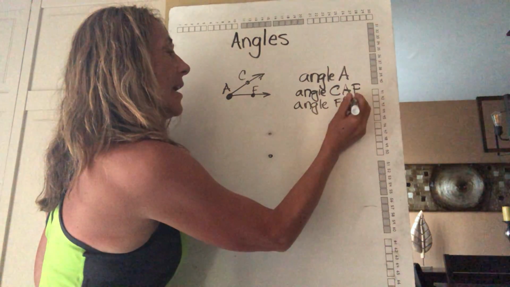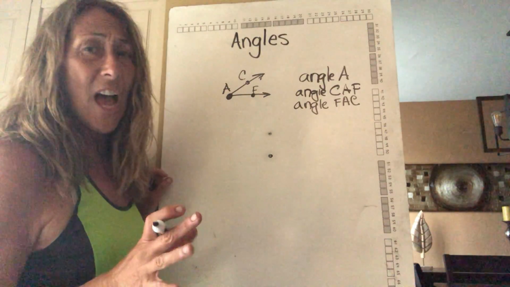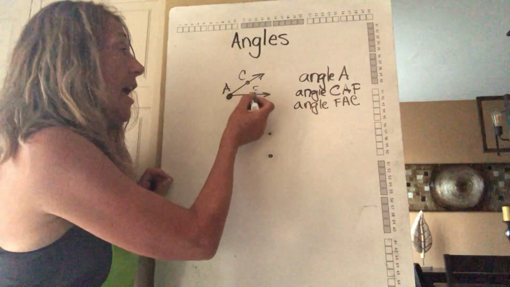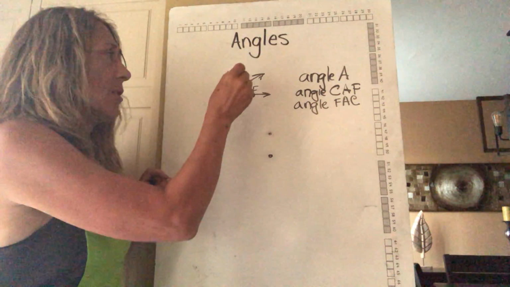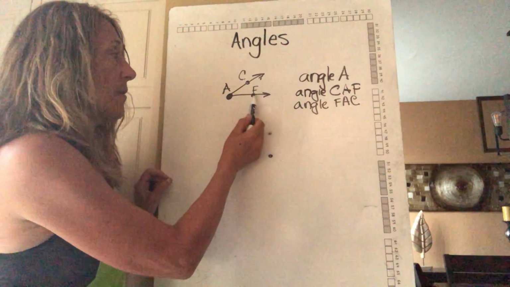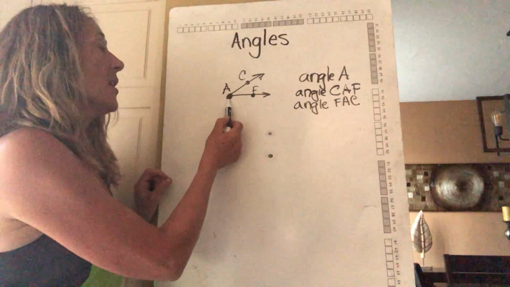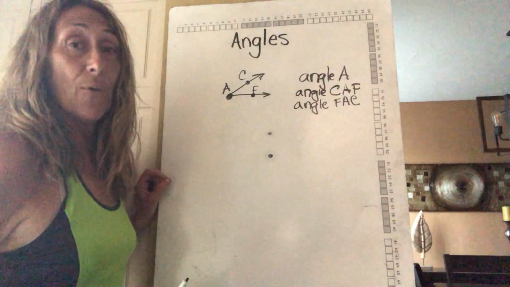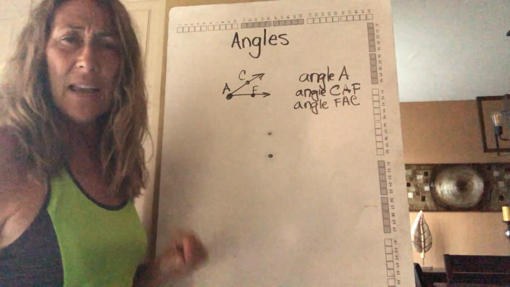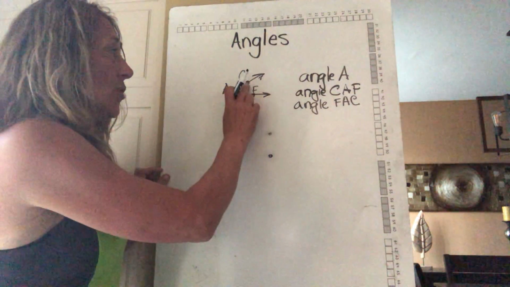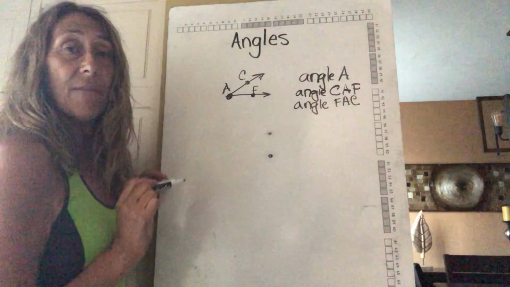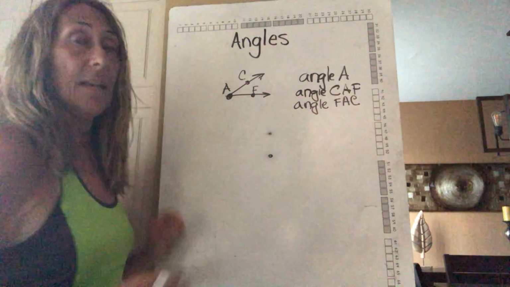I could not call it angle AFC or angle ACF. You have to go in order. It can either be my top ray to my vertex to my bottom ray, or from my bottom ray to my vertex to my top ray. So this angle is either angle A, if I'm going to just call it by its vertex, or if I'm going to use the points on there, it would be angle CAF or angle FAC.